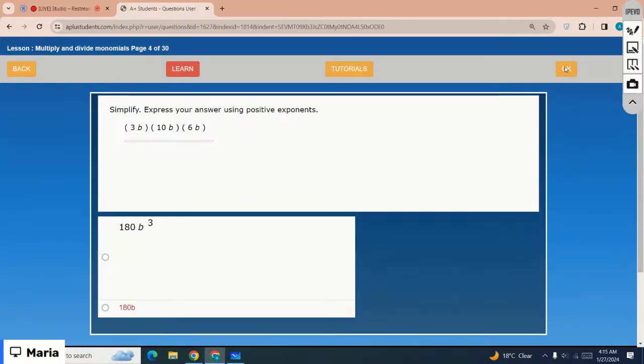The next one is simplify. Express your answer using positive exponents. So, which is the correct option?